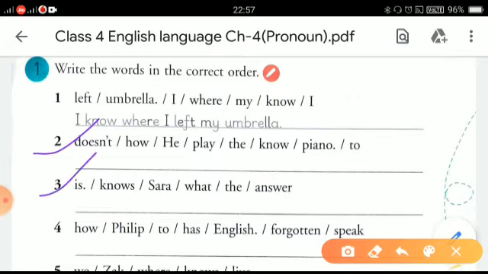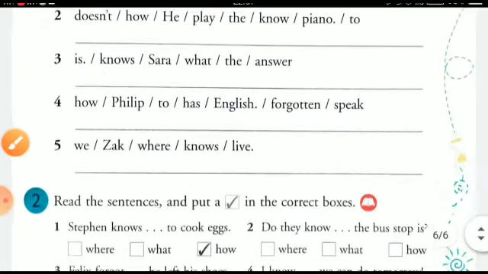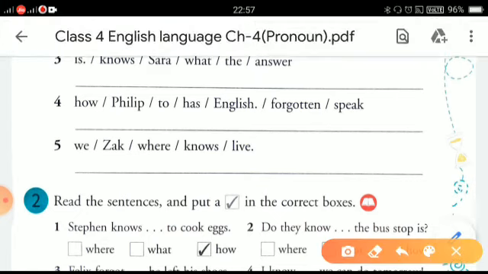Third one is, Sarah knows what is the answer. Fourth one, Philip has forgotten how to speak English. And the last one, that is fifth one, Jack knows where we live.